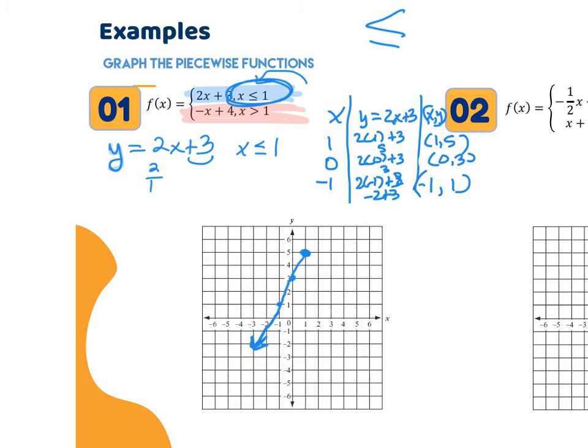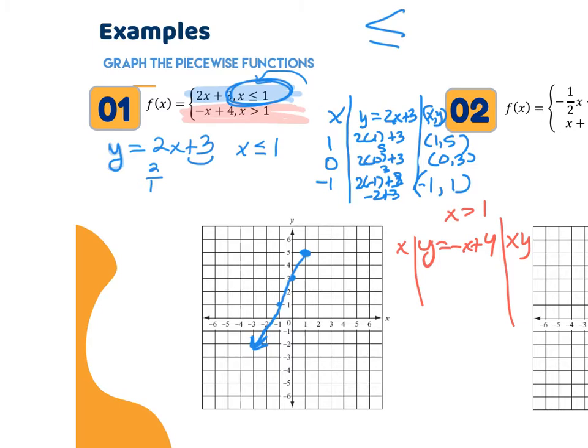Now when I go to graph the red one, my very first point is going to be an open circle. So again, if you want to just do a quick table for the red one, y equals -x plus 4. And then again, get your ordered pair. And again, my values for x that I pick to plug in have to be greater than 1.